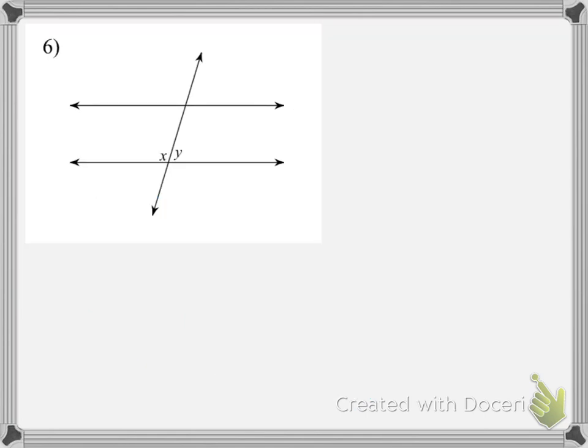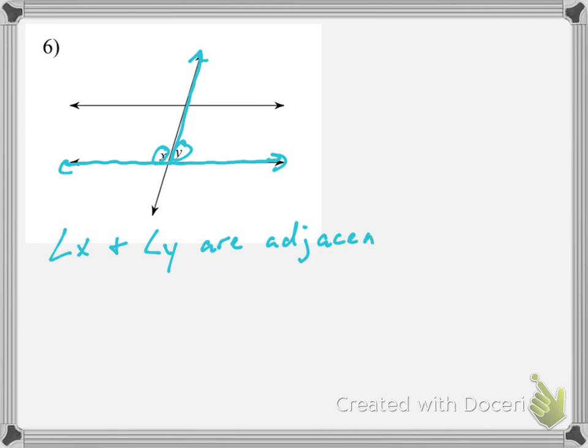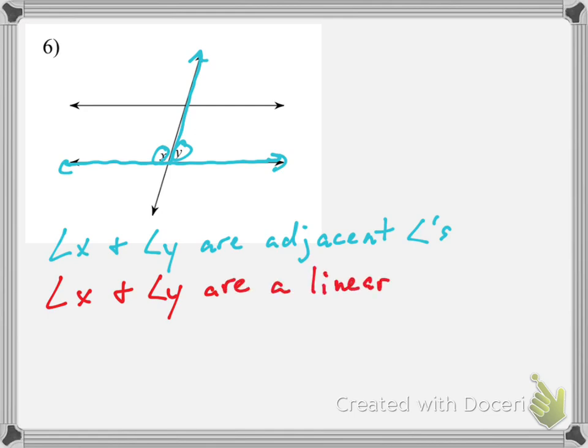Now, the last one, X and Y. Here's the line. Here's the line sticking out. X and Y are next to each other. Angle X and angle Y are adjacent angles. You may see that. But here's what it really is. Angle X and angle Y are a linear pair.